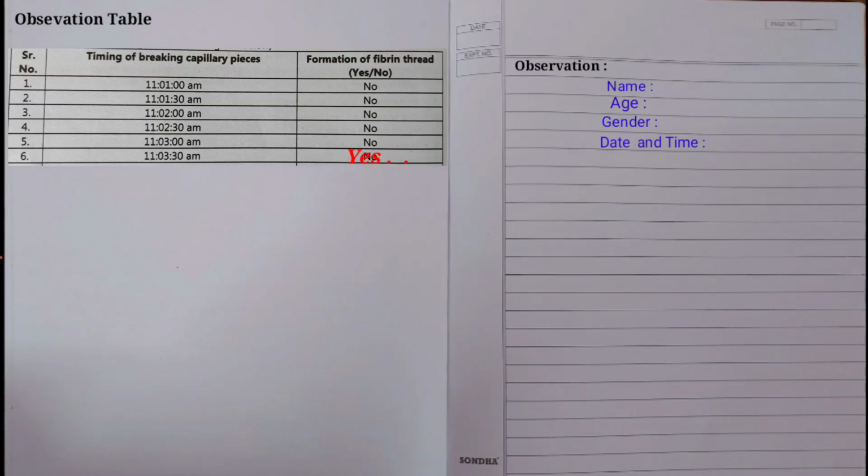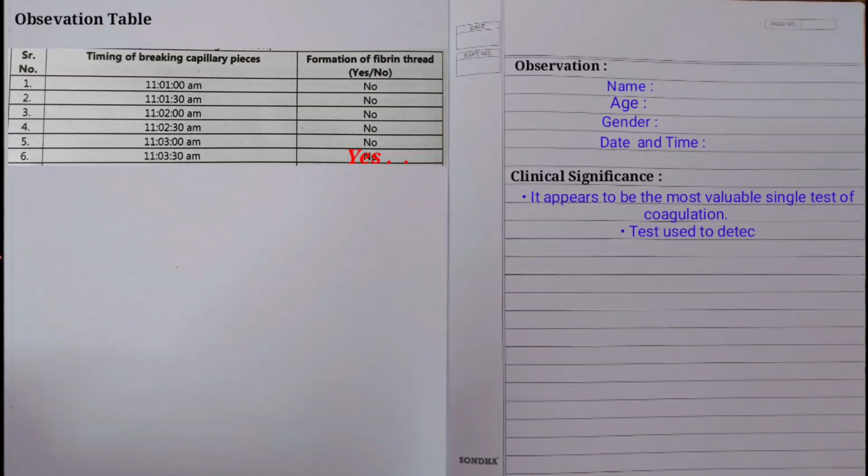Now, what is the clinical significance? If you find that the clotting time is between 2 to 8 minutes, that means the subject has a normal blood clotting time.